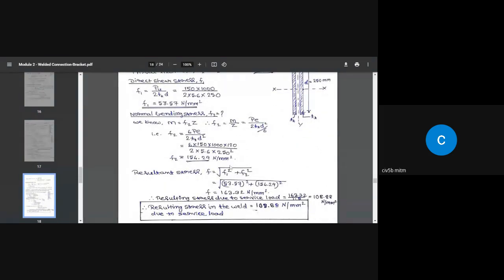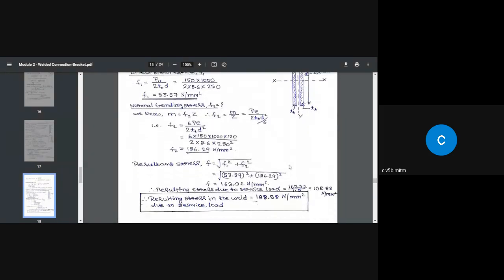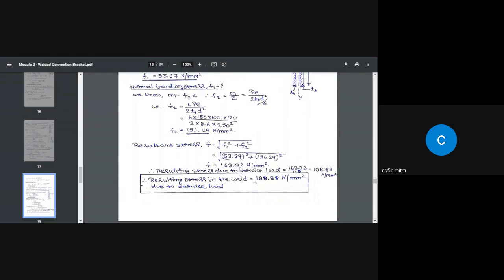Because this is a rectangle, the bending normal stress and the shear stress complete the rectangle, and the diagonal represents the resultant. That is given by square root of F1 square plus F2 square. So that is equal to 163.32 Newton per millimeter square. That is the resulting stress due to the design load.